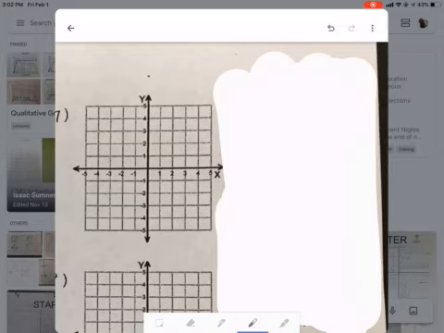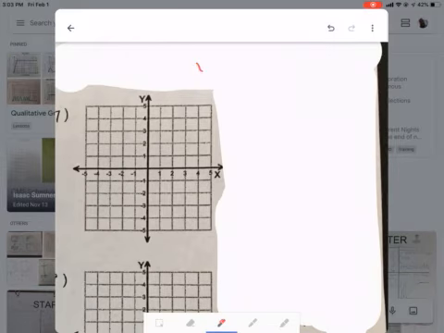Remember, most of the ones on the test will be in slope-intercept form, so that should be really easy. That should be second nature to you. We've done those several points during the year. But I am going to work out a couple point slope problems for you. Well, a point slope and a standard form, one of each.